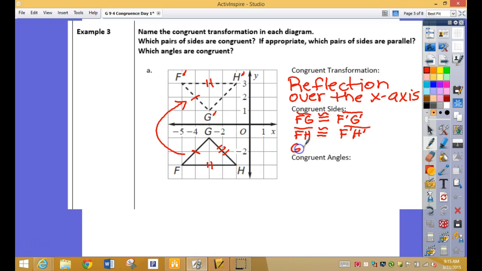Congruent to G prime, H prime. Am I done? No?